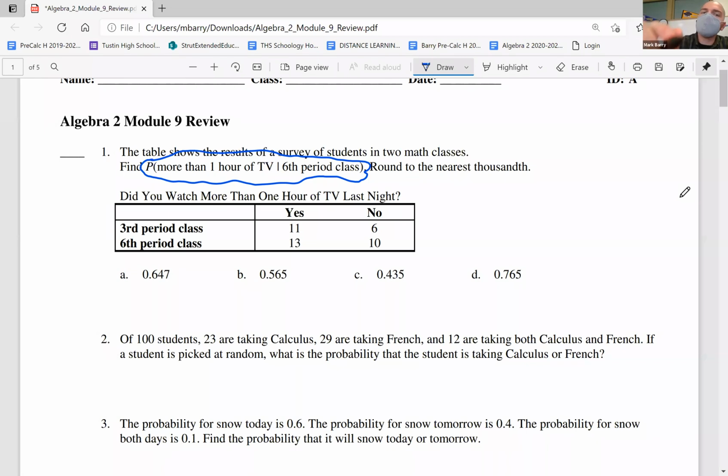Another hint if you're still stuck: remember that this vertical line right here means "given." So we would read this as the probability that you watched more than 1 hour of TV, given that you have a 6-period class.